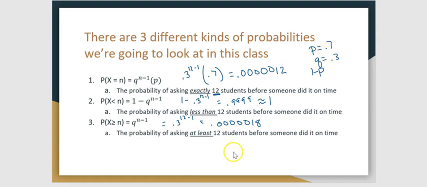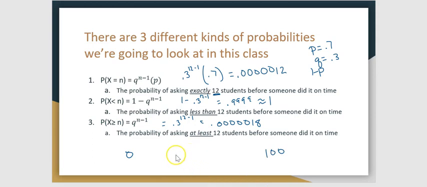One thing that I want you to notice is that the probability of at least, greater than or equal to, and the probability of less than are opposites of each other. So 1 minus. And if you think about it, that makes sense because if I have my options, I have 0 to, I don't know, we'll say there's 100 students.